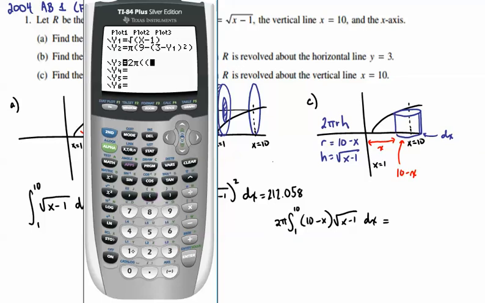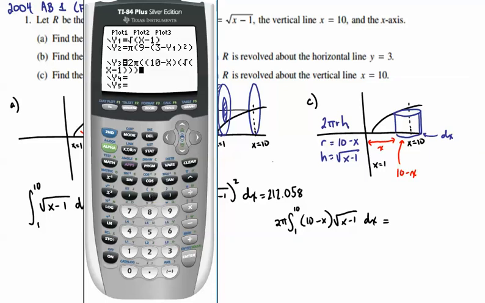Then I'll start another open parentheses for 10 minus x, close parentheses, then square root of x minus 1, close parentheses for the square root, close parentheses for that factor, and I think we still need one more close parenthesis there. Yes. So that does it.